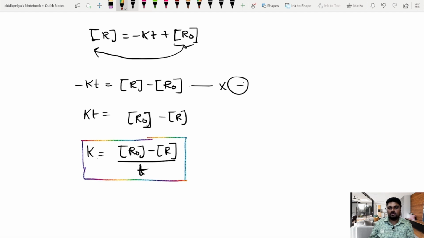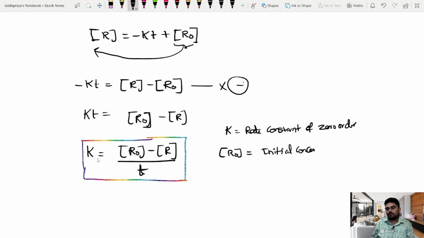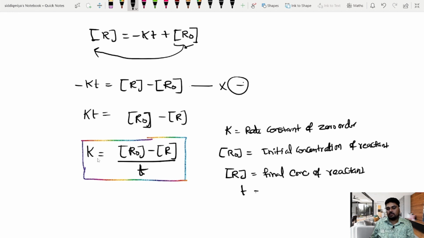So here k means the rate constant of zero order. R naught is the initial concentration of reactant, R is the final concentration of reactant, and t is the time taken.